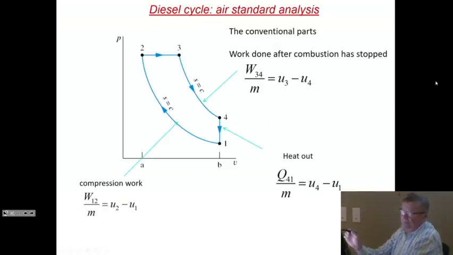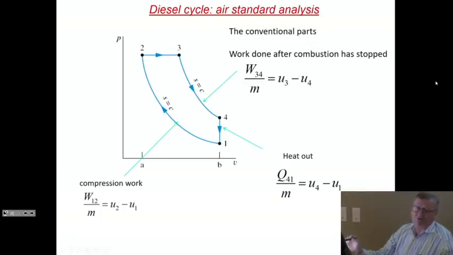Let's now move to the air standard analysis and the equations for compression work, power work, and heat. So the first part is the classic compression work between 1 and 2, which is the same as we had in the Otto cycle. So W12 over mass is U2 minus U1. That's simple.